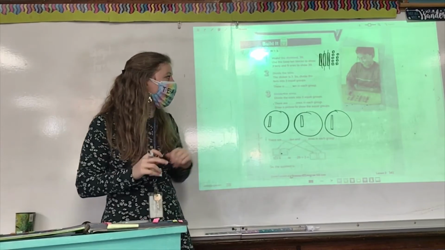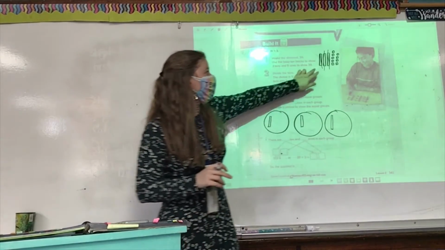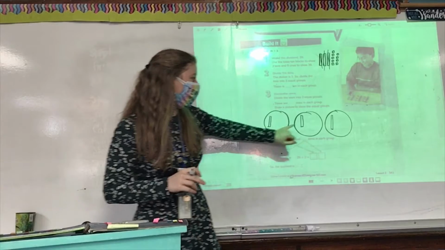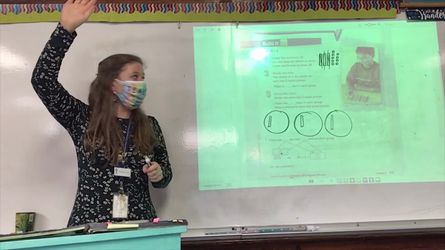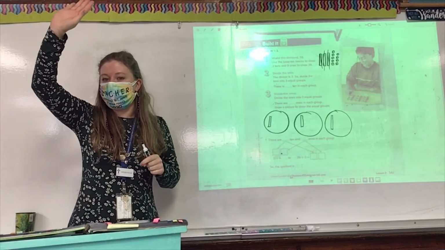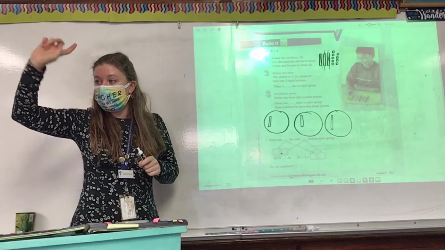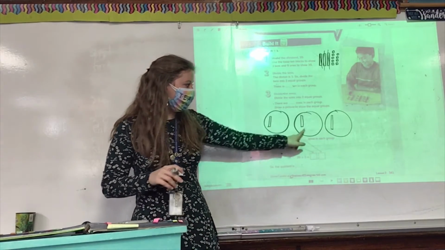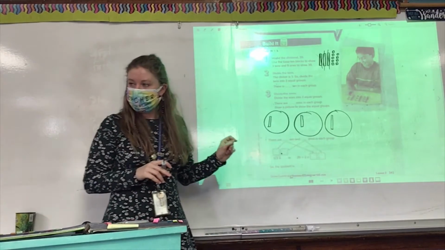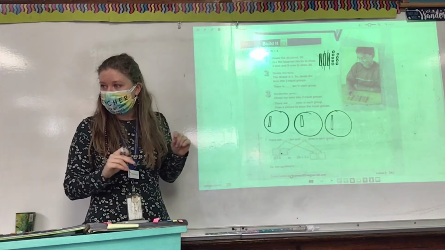So how many tens are in each group? We took our 3 tens from 39 and we put 1 in each group until we had none left. How many tens are in each group? Kingston. There's 3 groups. How many tens are in each group?